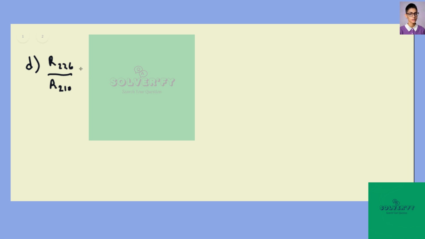There's 1% of the 226 remaining in the pigment. So this just means that we'll have 1% of the activity from the 226 in the ore. And since that's right up here, we just multiply that by 1%.